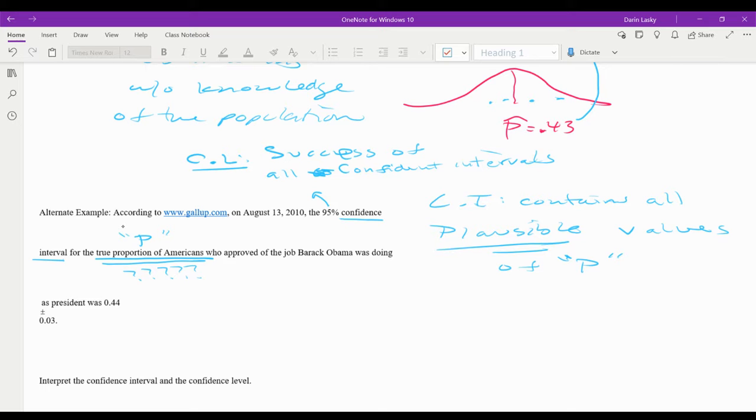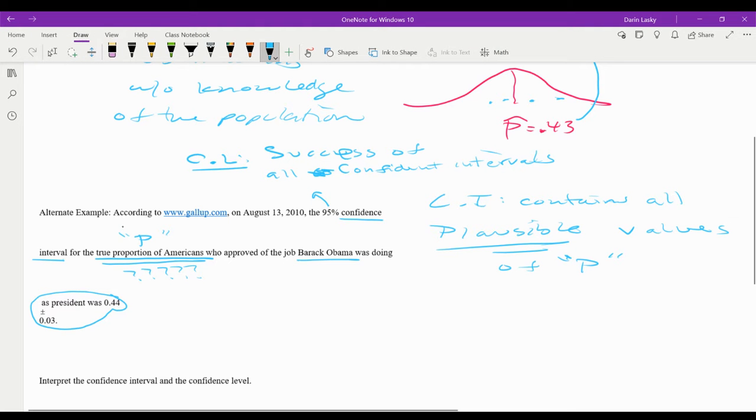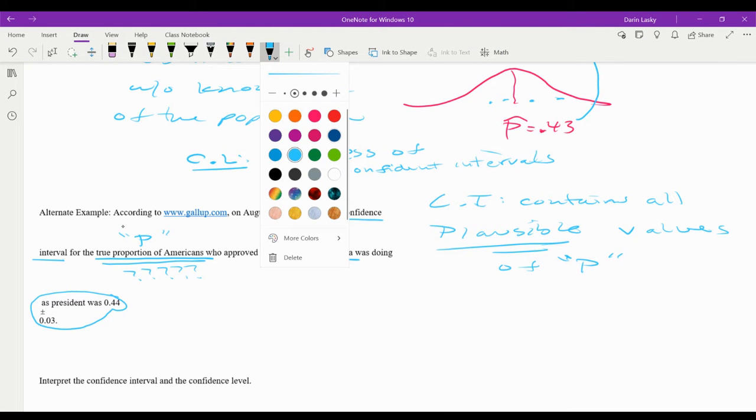We're just talking about the idea of Barack Obama. It's an old one, but we'll just go ahead and go with it. There's a couple of things we've got to look at here. Let's just look at this piece right here. They give us the confidence interval right here. Let's go back to draw here. Let's change my color. So they give us the confidence interval.